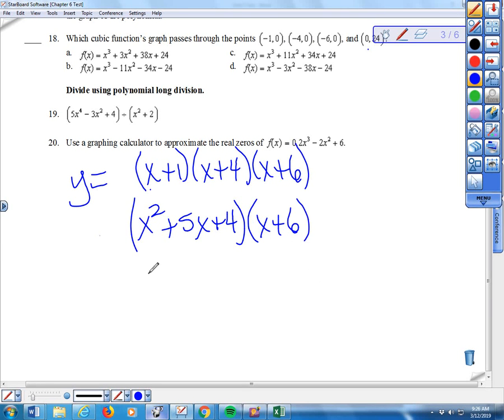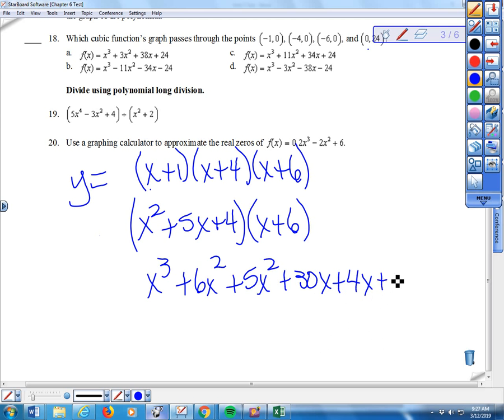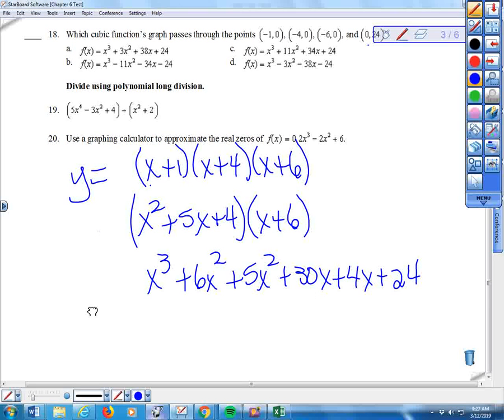So that's x cubed, plus 6x squared, plus 5x squared, plus 30x, plus 4x, plus 24. Combine my like terms. X cubed, 6x and 5x is 11x squared, plus 34x, plus 24. And that one is C.